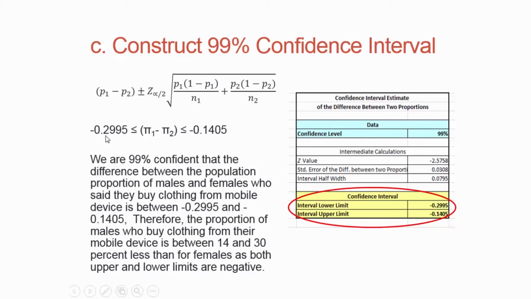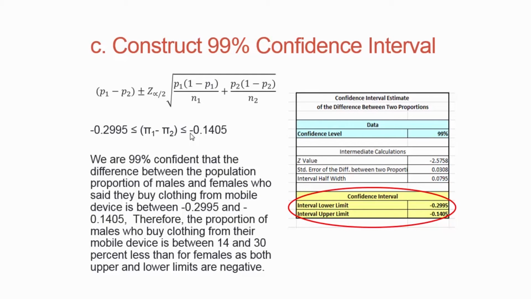The key thing to notice is both of these numbers, upper and lower limit, are both negative. And because they're negative, that means when I take group 1 minus group 2, I come up with a negative number. That tells me that proportion 2, or the female proportion that buy clothing, is greater than the male proportion by between 14% and 30%.